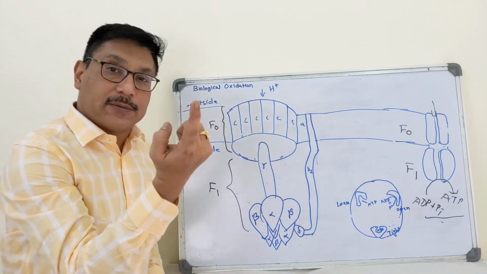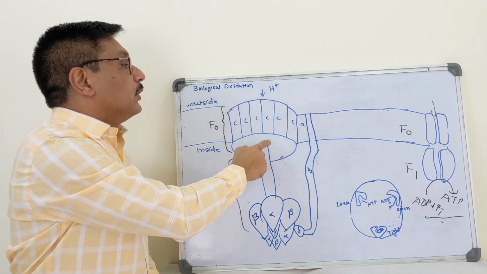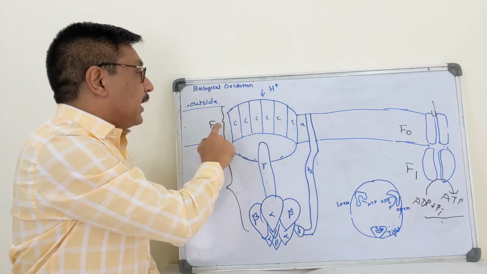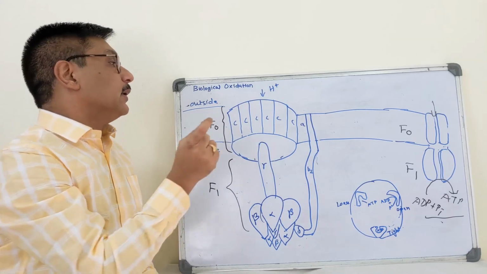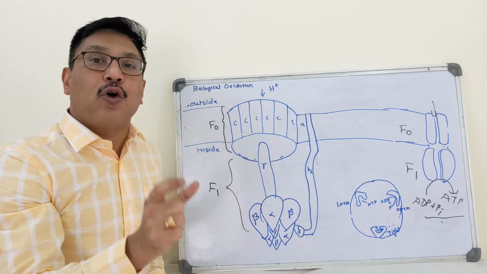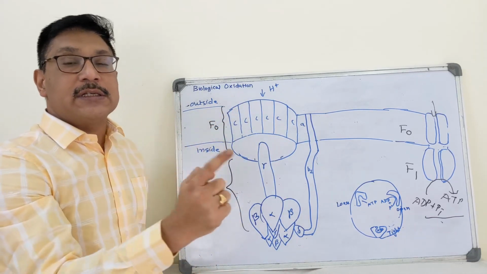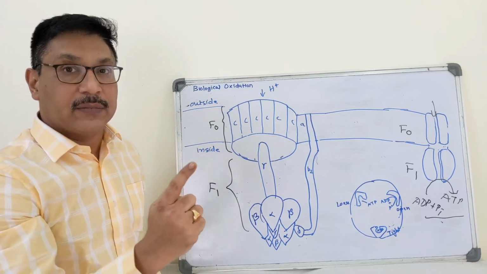So now what happens? Protons are passing through this FO subunit, in the proton channel, due to the proton motive force. This causes the C proteins to rotate.